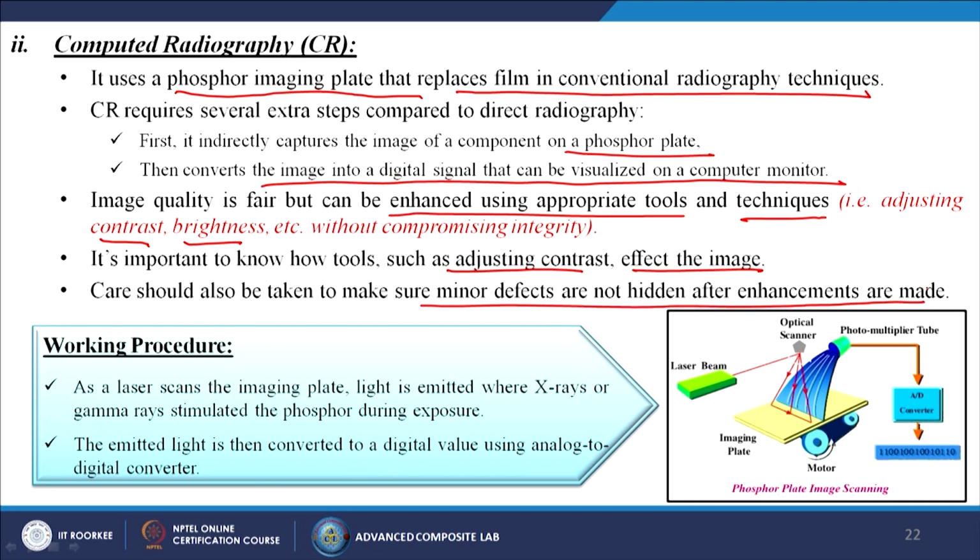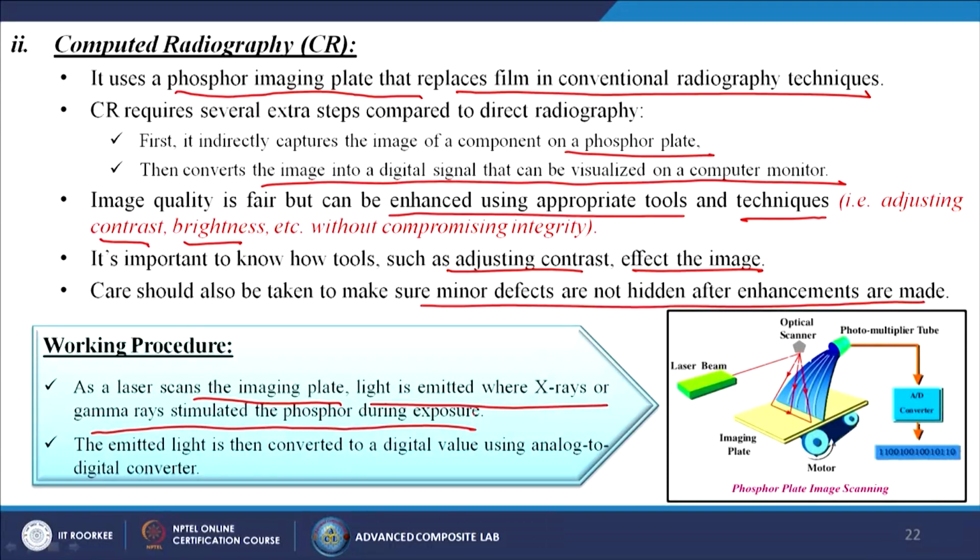Sometimes we increase the contrast or brightness, and a very hairline crack we cannot see because of the extra contrast or brightness. So we have to adjust, so that we can get the whole image very clearly and sharply.